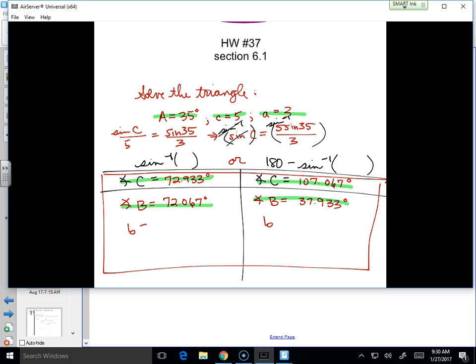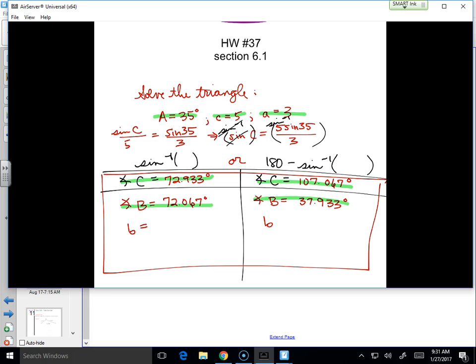Has anybody with law of sines got me b on the left? You're working on it. Okay, if you do sine of 72.06 times 3 divided by sine of 35. That should be about it. No, 5. No, it was.